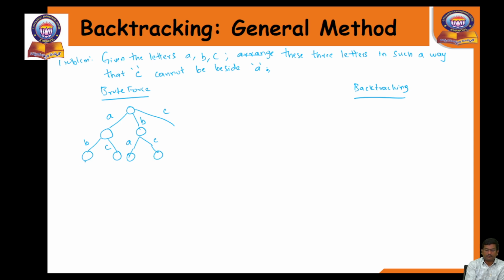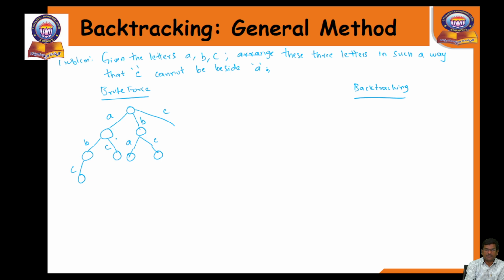Similarly, if I take A, B, the next letter should be C, because only 3 letters are allowed. I'm not considering the other condition, that C cannot be beside A. I'm finding all the possible solutions where we can arrange these 3 letters.